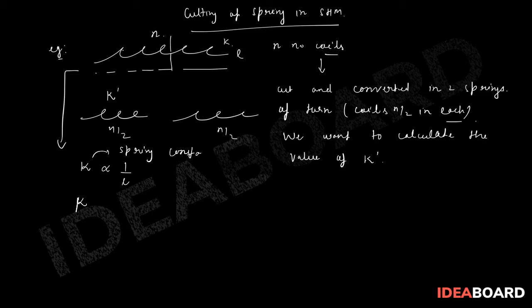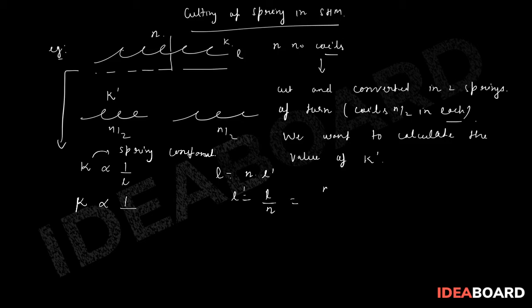As you know, spring constant depends on the length property of the material, so K is dependent on L. So L can be written as n into L dash, where L dash is equal to L by n.